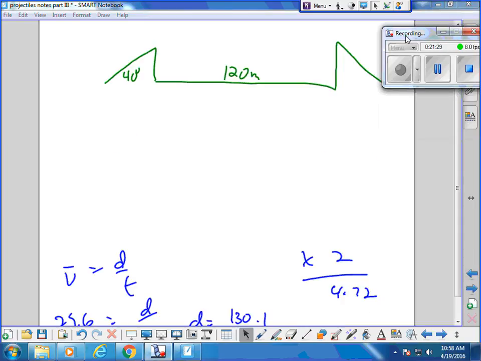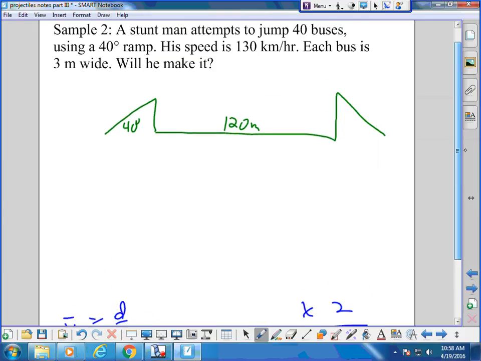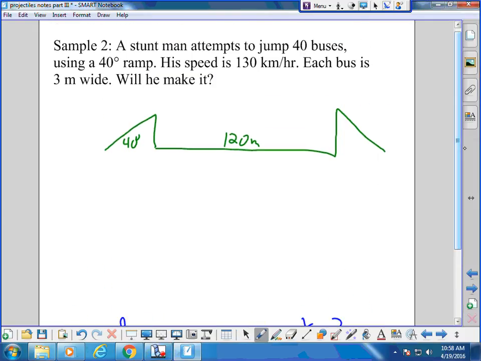Yeah, I know. You were listening, Nate. Okay, first step is to convert that 130 to meters per second, right? So 130 divided by 3.6. Somebody help me out. 36.1 meters per second. Then you got to find horizontal and vertical components.